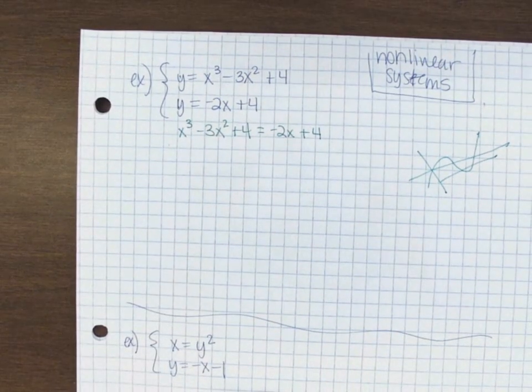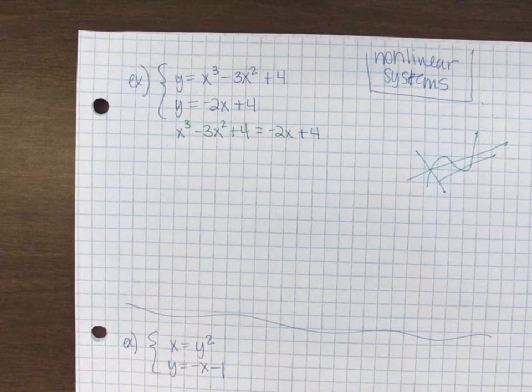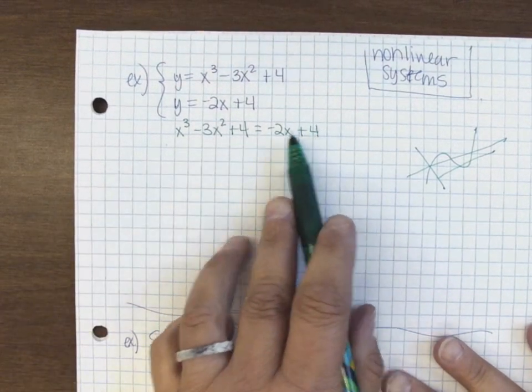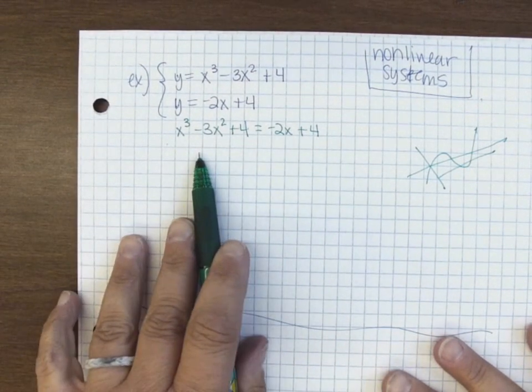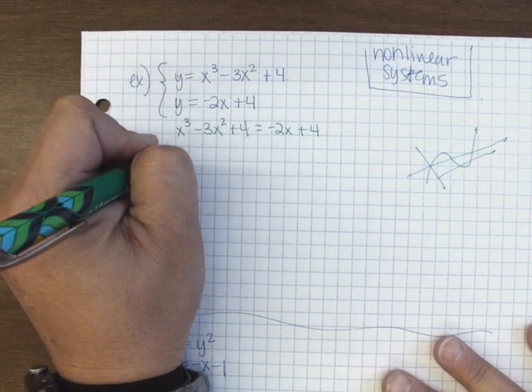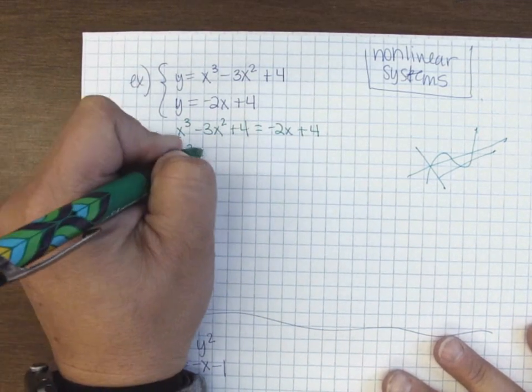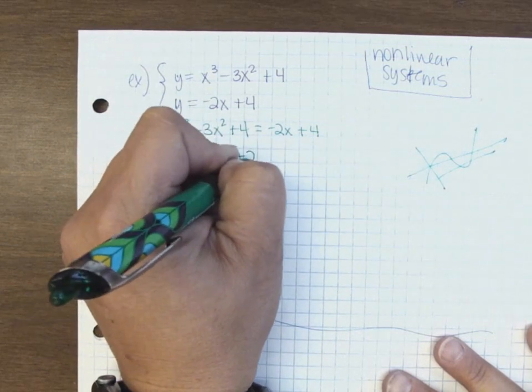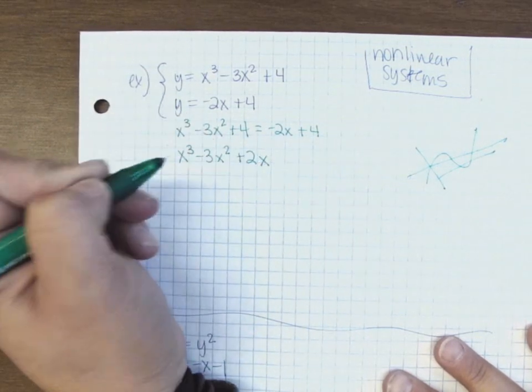Okay, and remember the whole idea is just to find where these two lines intersect. So I would get everything to one side since there are cubes going on. So we have x cubed minus 3x squared. 2x is going to come over here, so plus 2x.